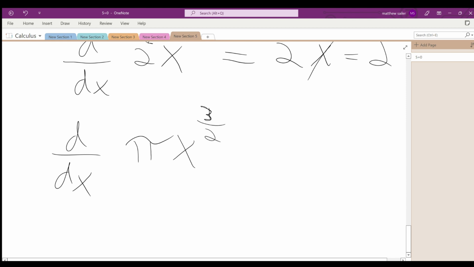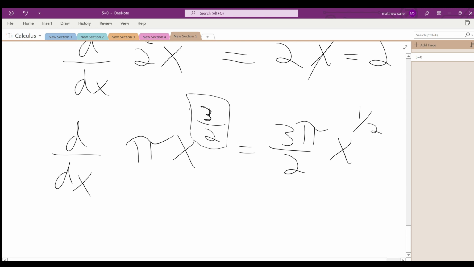Now this looks tricky at first because there's a fraction in the exponent. But we do the exact same thing we've been doing this whole time. We're going to bring the 3/2 down. So we're going to get 3/2 times pi x and then subtract 1. So 3/2 minus 1 is 1/2. This works with fractions as well.